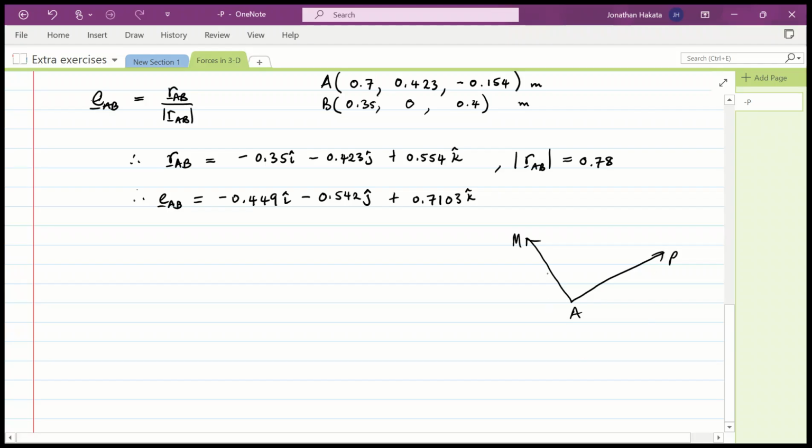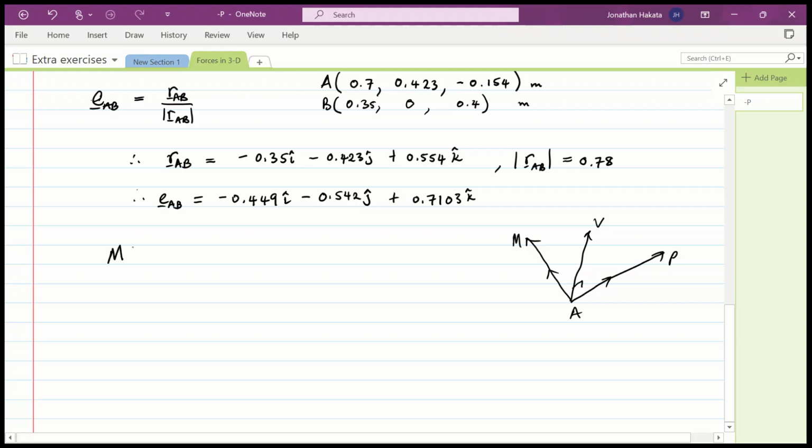If I take this vector, cross it to that, I will generate a new vector V that is perpendicular to the plane containing these two. That's the idea. And after getting this vector V, I'll take this vector divided by its modulus, I'll get n. So clearly, in addition to the coordinates of A and B, I need also the coordinates of M and P.